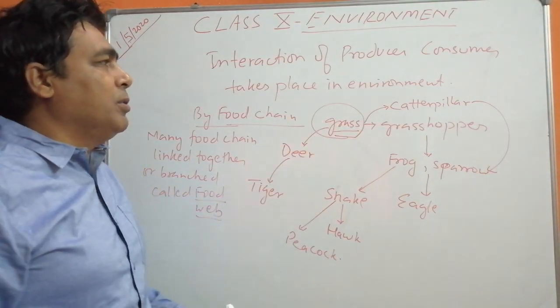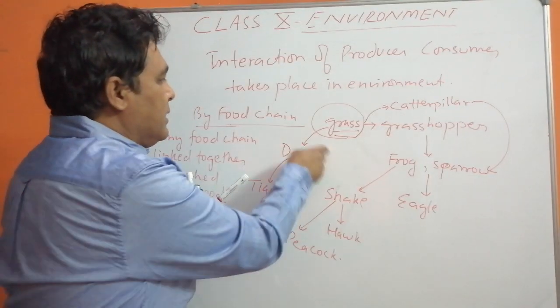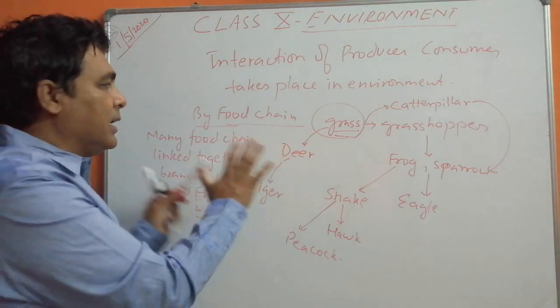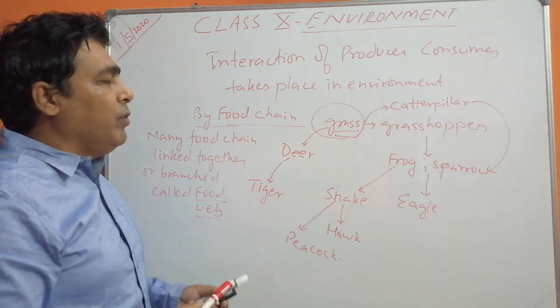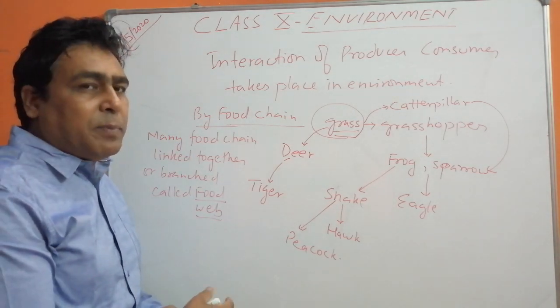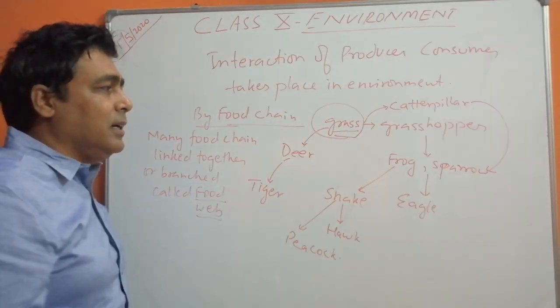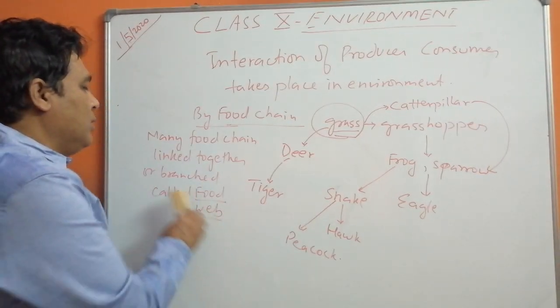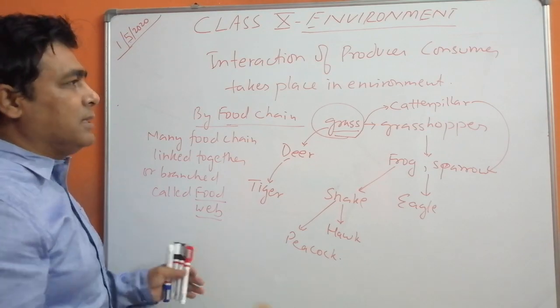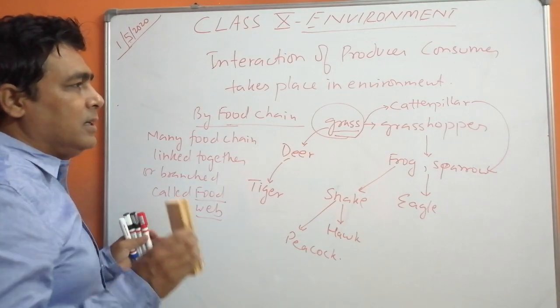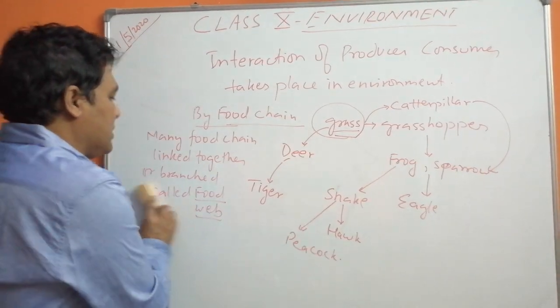Like this deer is a herbivore, and it can fit into it. Now we will be seeing a larger perspective here, and it is going to be represented in the food chain: how the passage of the energy and the food takes place. That we are going to now study.